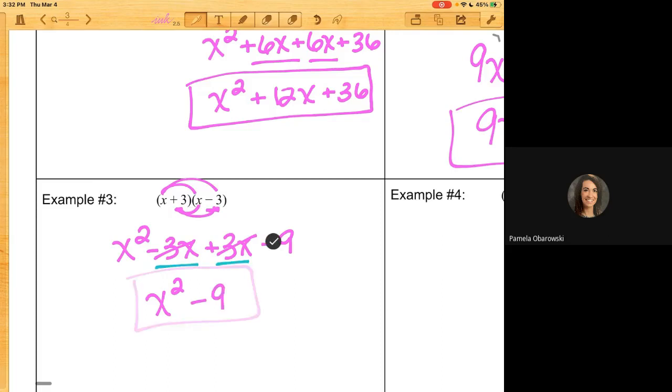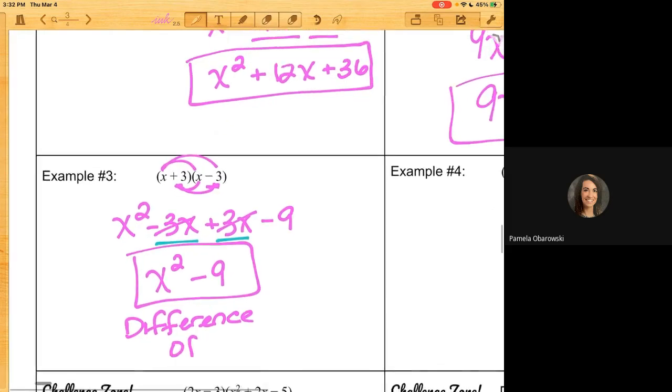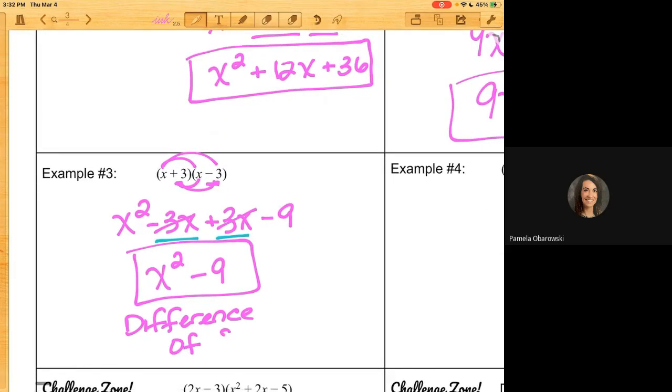And this is actually something that we call a difference of squares.